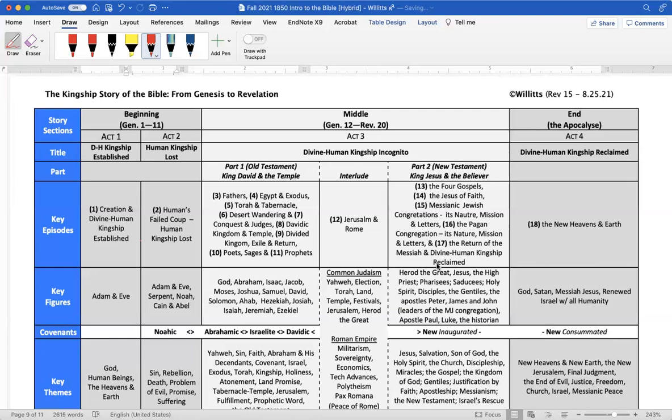That loyal partnership is destroyed by a rebellion, a coup. And the story of the Bible is a reclamation project to reclaim that unity of divine human kingship over the earth. And so the whole Bible's beginning, middle, and end is about this theme of kingship.